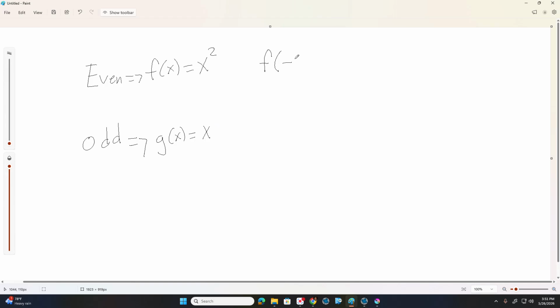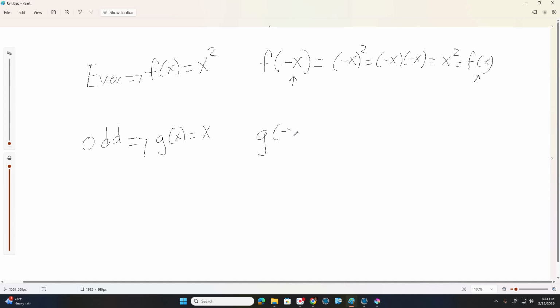So, f of negative x. What happens when you plug in a negative into this equation? Well, that's going to be negative x squared, which is negative x times negative x, which turns out to be x squared, which is the original f of x. Even functions have the property that as you plug in the negative of any number, it's the same as the positive.